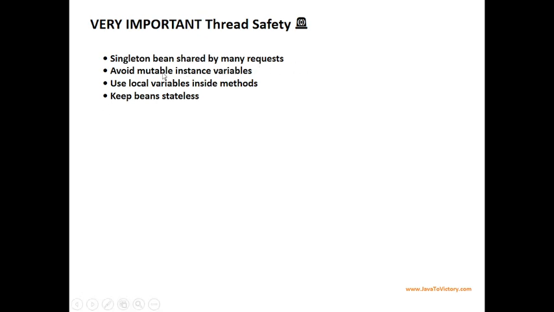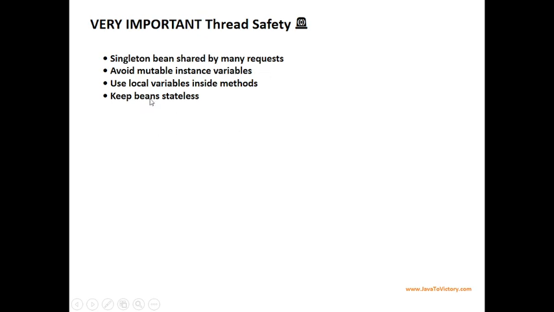So avoid mutable instance variables. What are instance variables? You already know that a variable declared within the class and outside the method is called an instance variable. Try to avoid storing data inside instance variables, because you are making the bean stateful, and this singleton bean is shared across multiple requests.